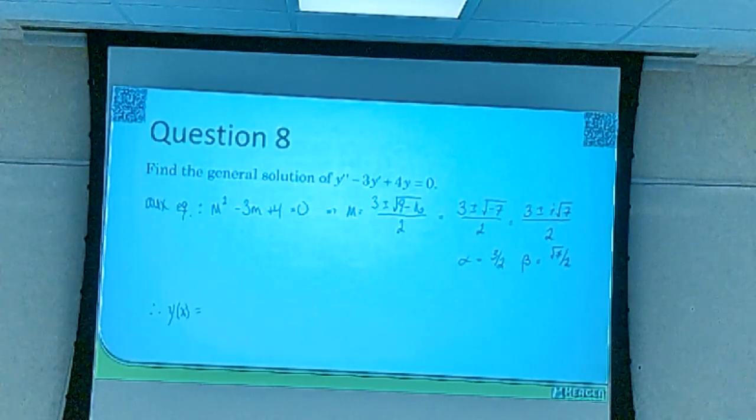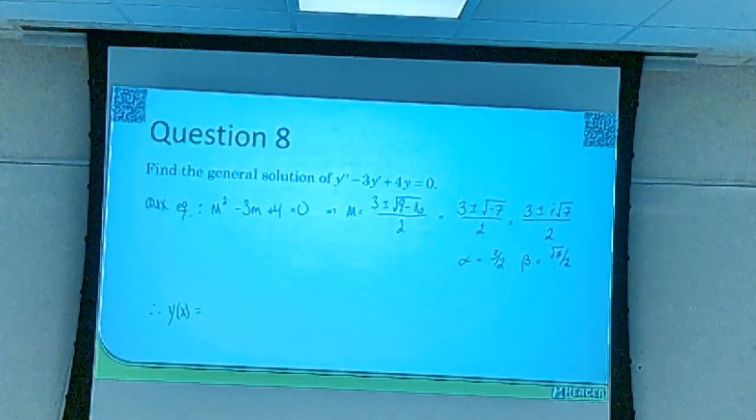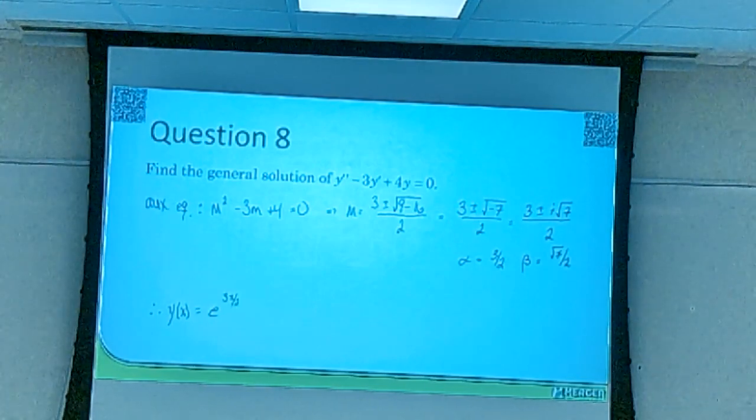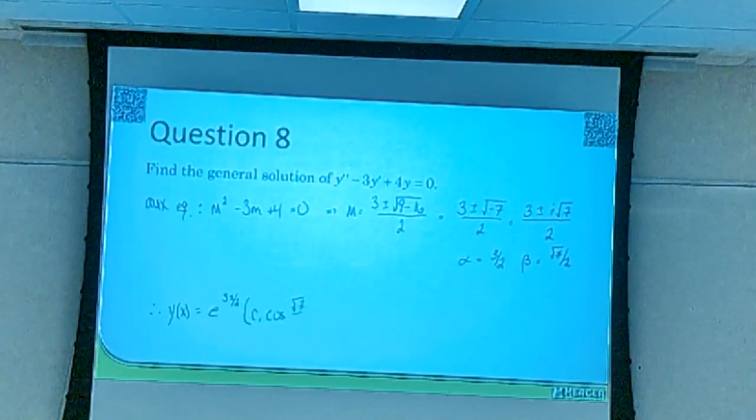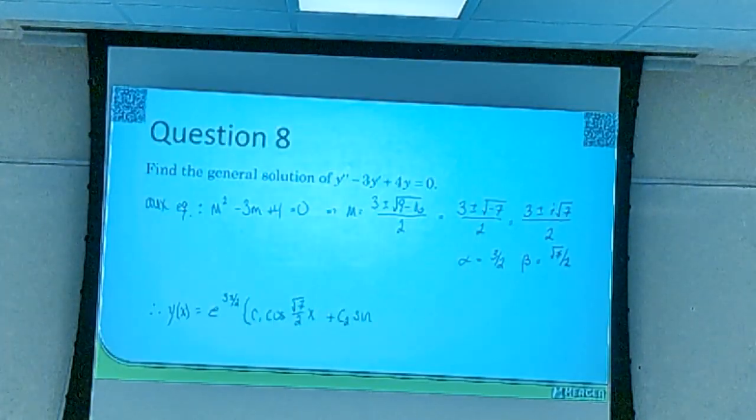I'm going to write it the second way this time, just to show it. e to the alpha x, then times the quantity C1 cosine beta x plus C2 sine beta x.